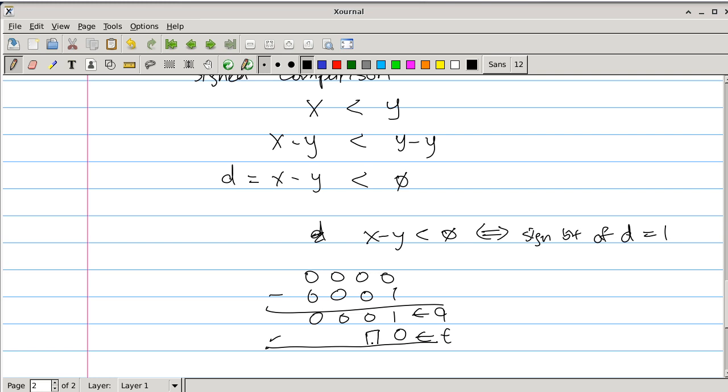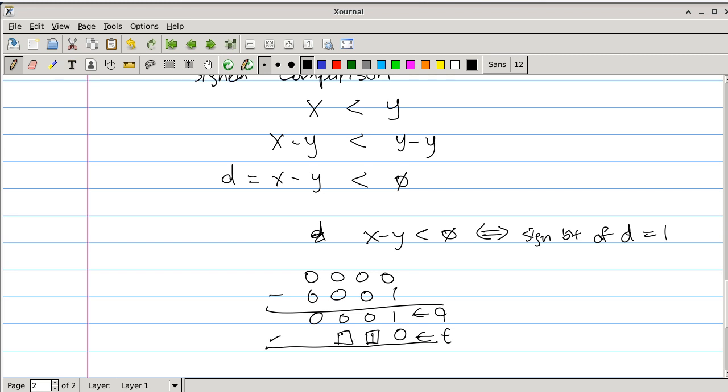This position is a 1 if we have a borrow situation, either from this 0 minus 1 or this 1 minus this 0. It's an OR. In this case, the first one gives us a borrow, so we have to put a 1 here. Is that okay?